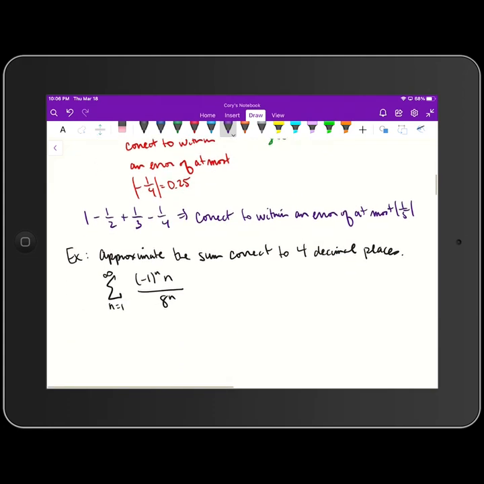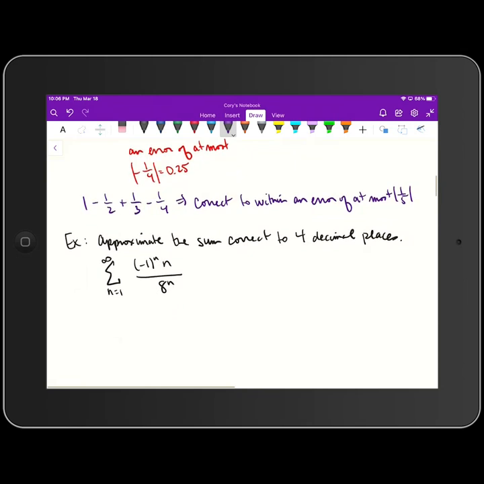Okay, so the directions ask us to approximate the sum correct to 4 decimal places. All right, so for our sum here, we have the sum from 1 to infinity of -1 raised to the n power times n divided by 8 raised to the nth power.